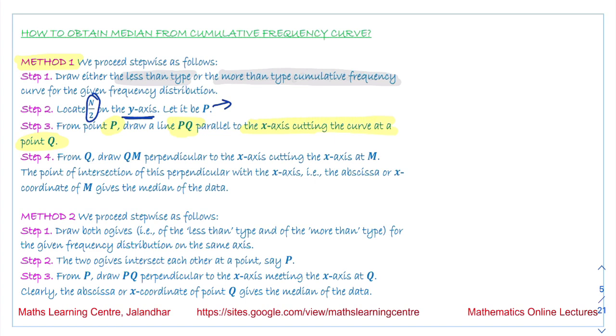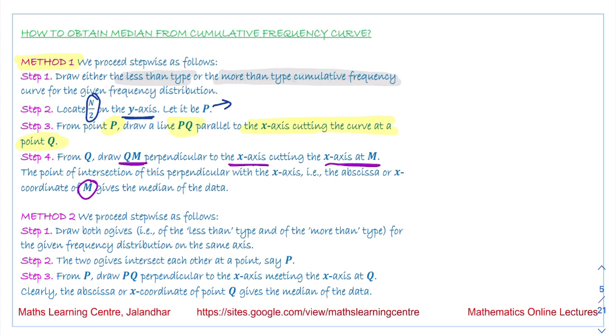These things will be more clear to you when we solve this with an example. Now we draw a perpendicular QM on the x-axis, cutting the x-axis at point M, and this point M will give us the median of the data.